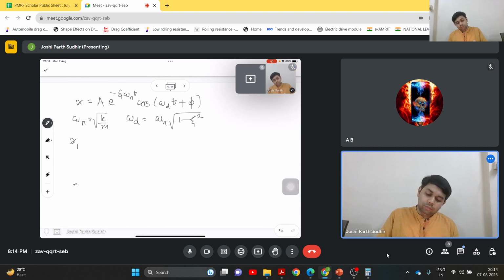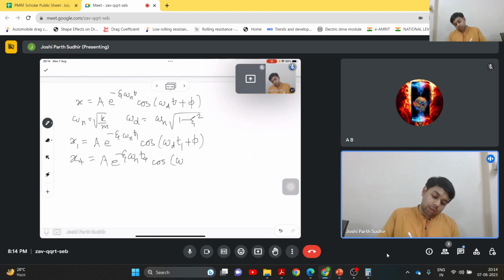We have marked the point x1 at time t1. So the value of x1 will be a e raised to minus zeta omega n t1 into cos of omega d t1 plus phi, and the value of x4 is a e raised to minus zeta omega n t4 cos of omega d t4 plus phi.